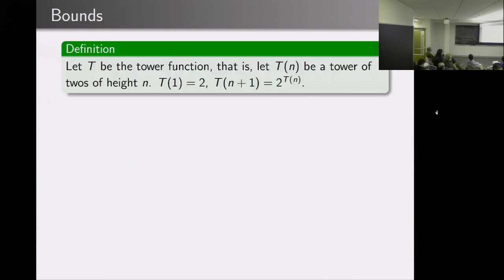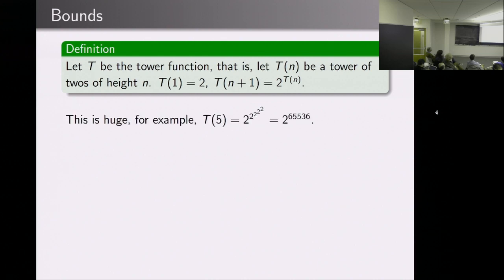So what bounds do we get for the arithmetic removal lemma? In order to discuss the original bounds, we need this tower function, since it uses regularity. So let t of n be a tower of 2's of height n. So t of 1 is 2, and t of n plus 1 is 2 to the t of n.